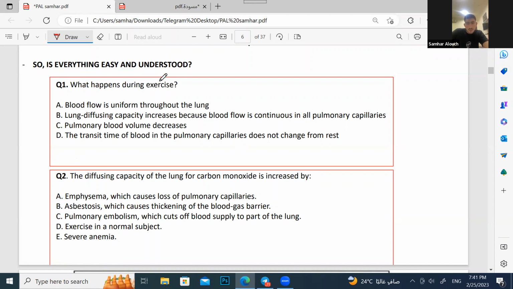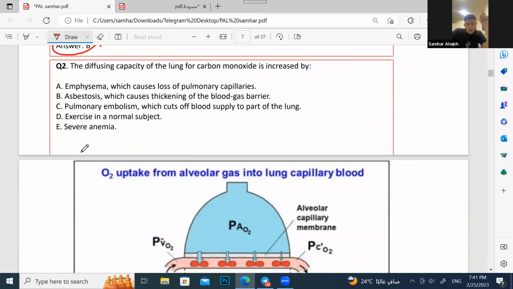I see B, another B, a third B. Yes, it is B, because as we said, exercise will increase cardiac output. It will go to the lung, open more pulmonary arteries, and cause recruitment and distension. So now we have blood flow continuous in all pulmonary capillaries. Yes, you are right. It is B.